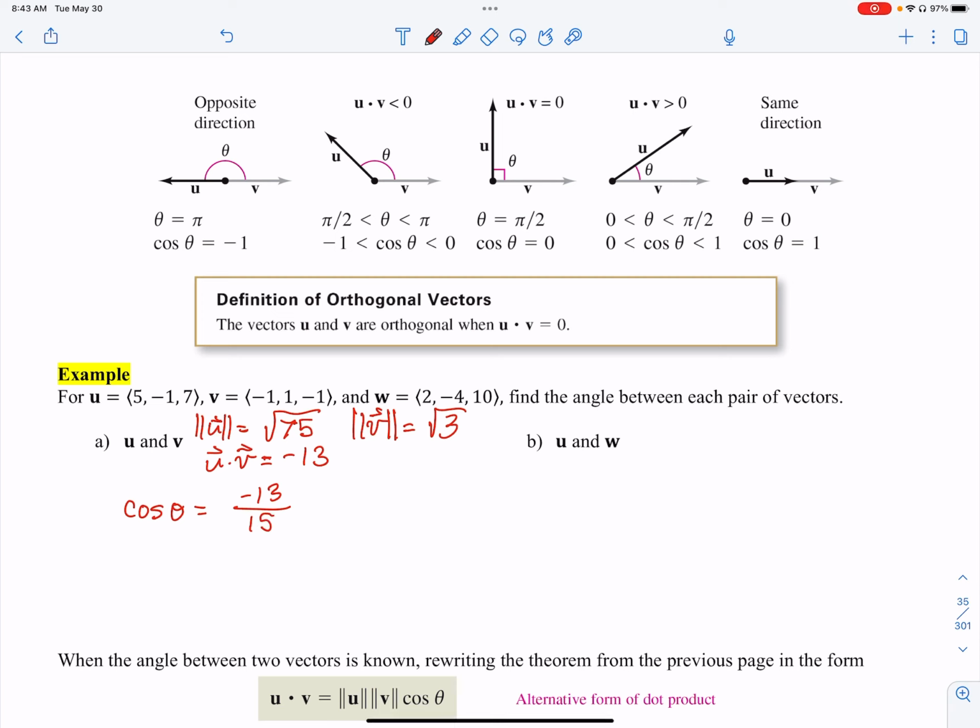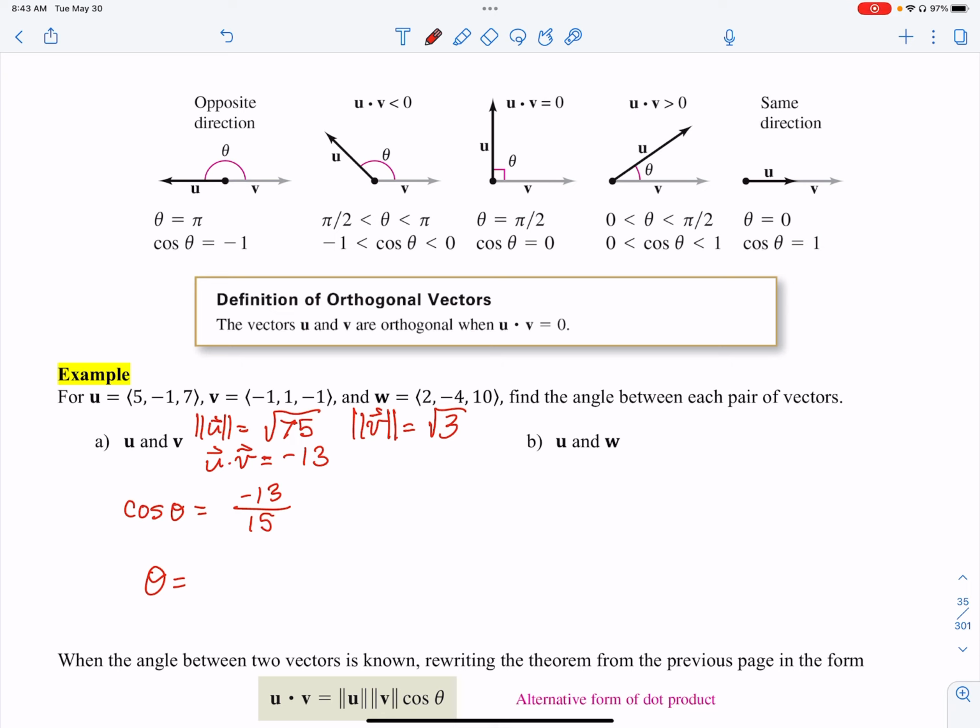Make sure your theta is in the right units; it could be either one that you want. We'll do radians always. Actually, we should always do radians with calculus unless they specify otherwise. So theta is inverse cosine of negative 13 over 15. Let me make sure my calculator's in the right mode. It is.